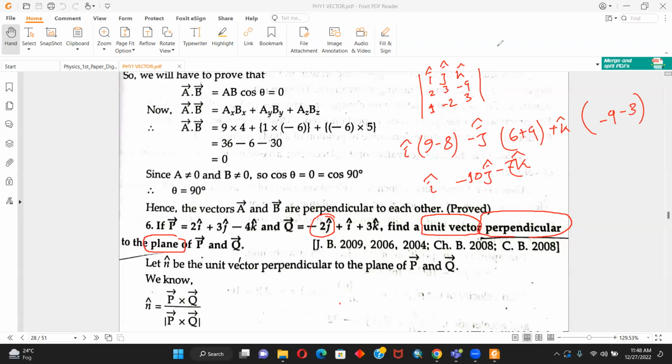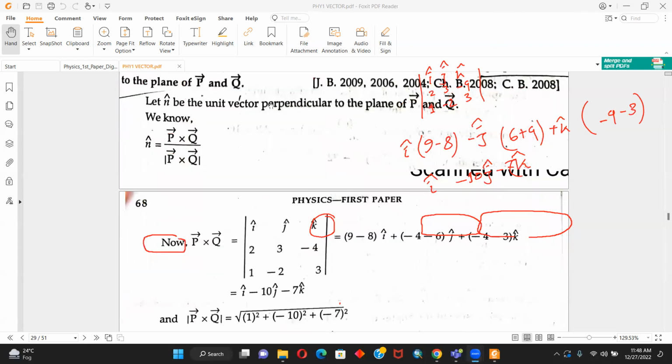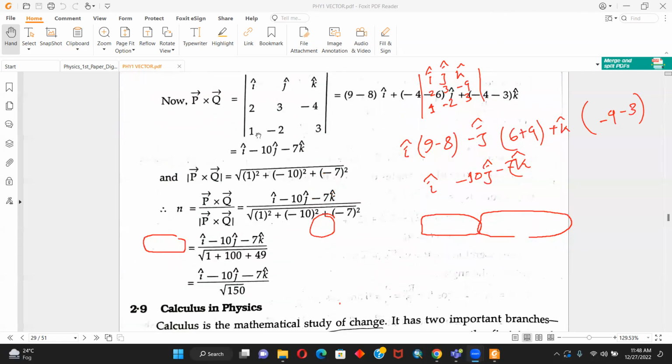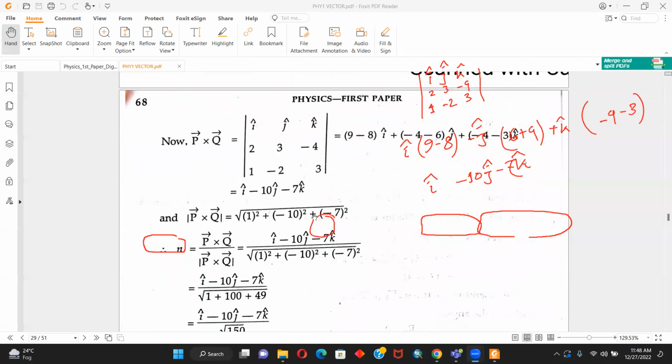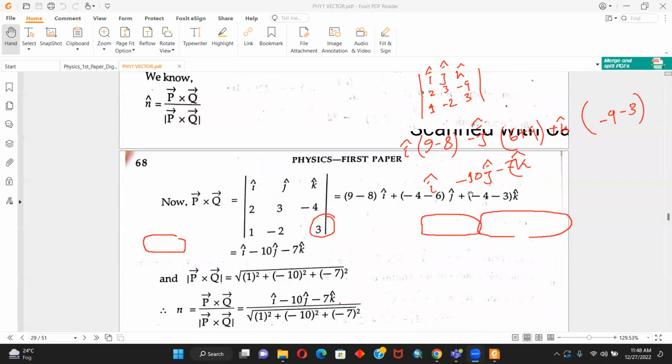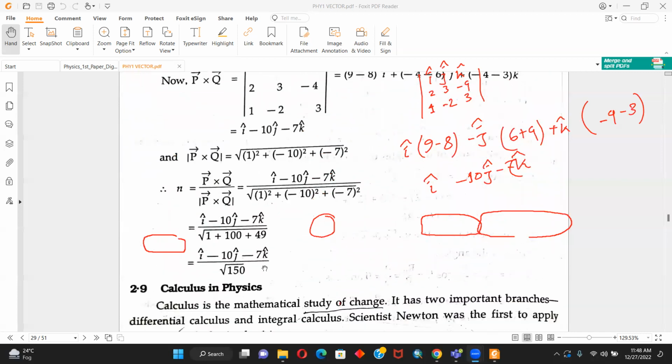Oh, I used the wrong values. Yes, I'm correct: I minus 10J minus 7K. You have to just divide by the absolute value of that, which is the square root of 1 squared plus 10 squared plus 7 squared. So this divided by square root of 150 will be our unit vector.